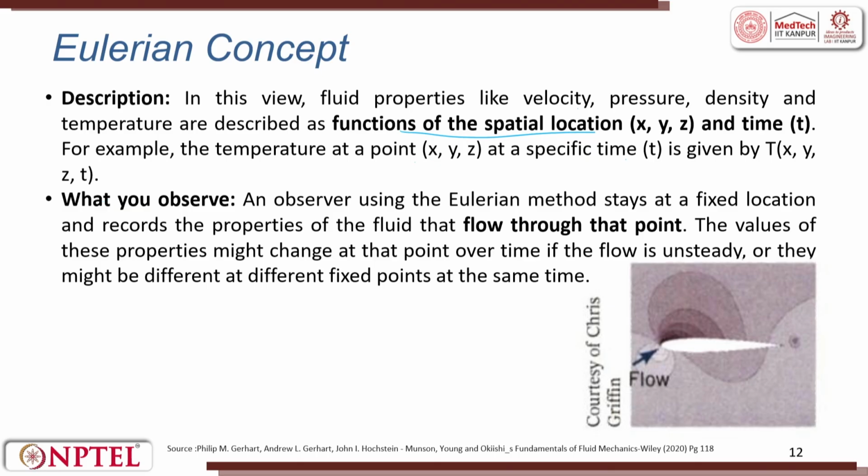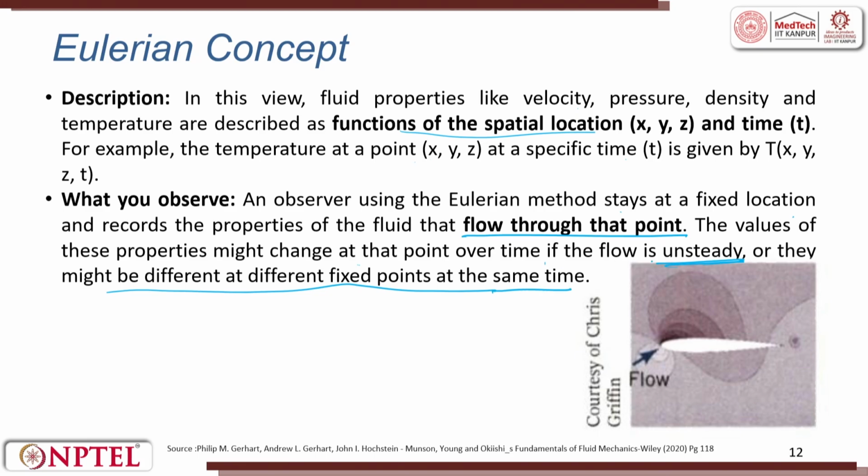An observer using the Eulerian method stays at a fixed location and records the properties of the fluid that flows through that point. The values of these properties might change at the point over time if the fluid is unsteady, or they might be different at different fixed points at the same time.